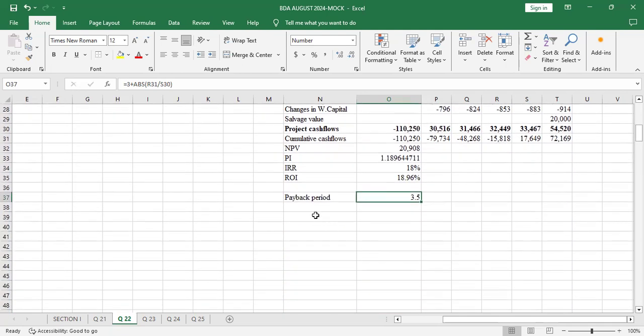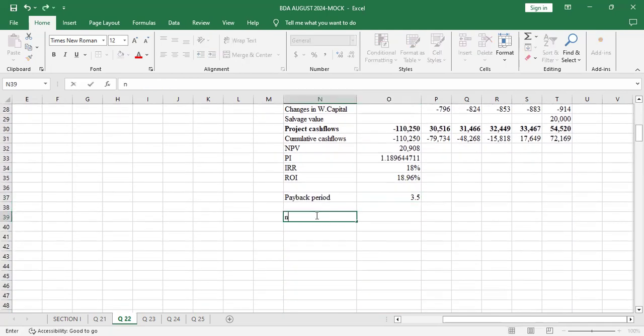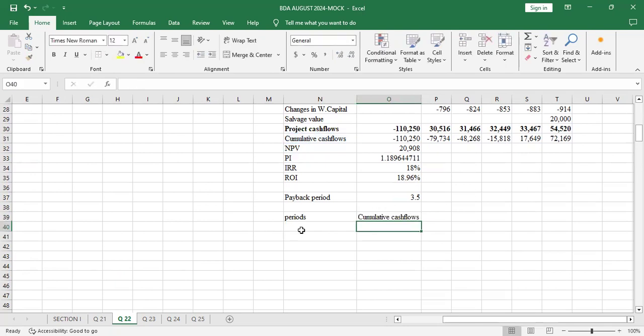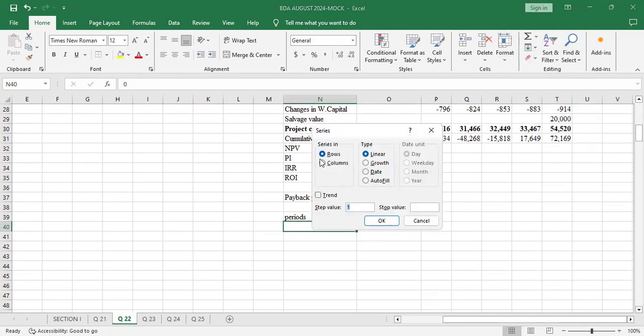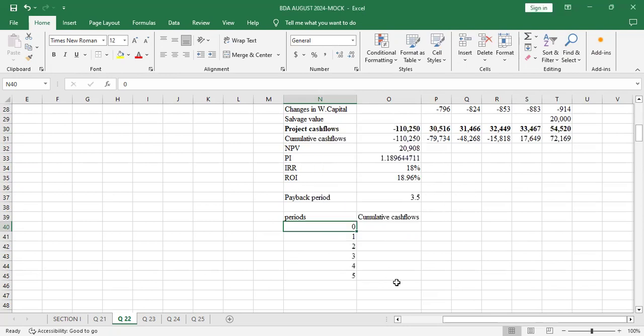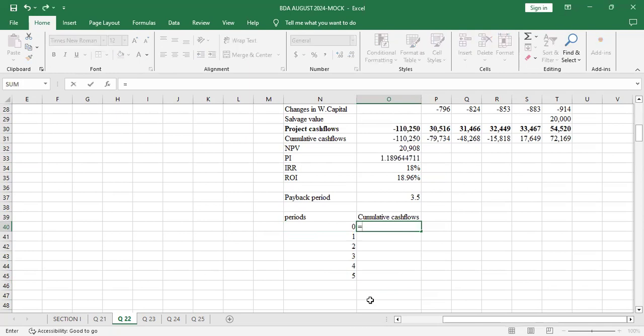Just write periods, and here we have cumulative cash flows. Periods go from 0 all the way to 5, as a column. Then you enter.